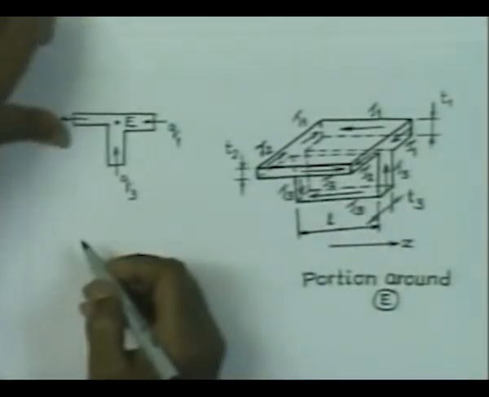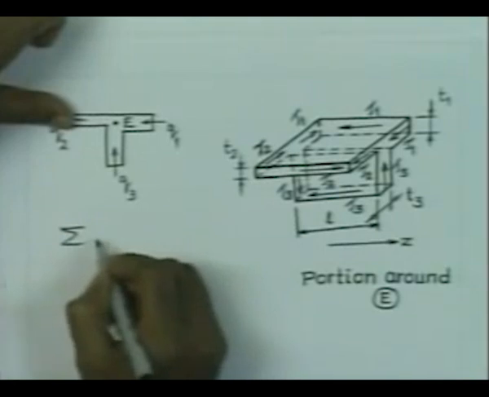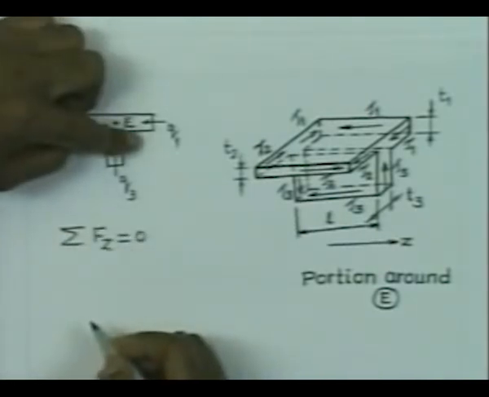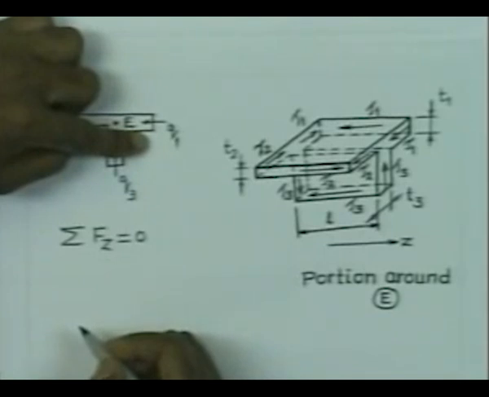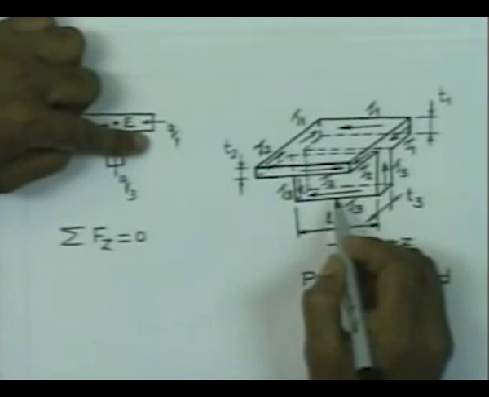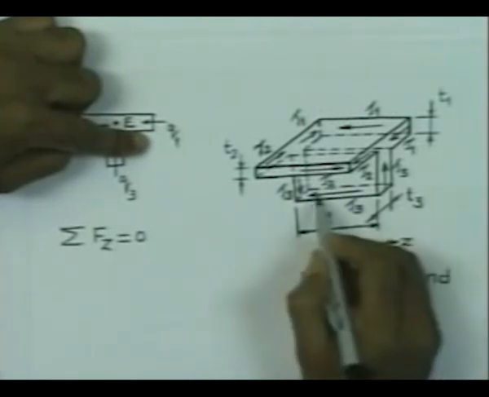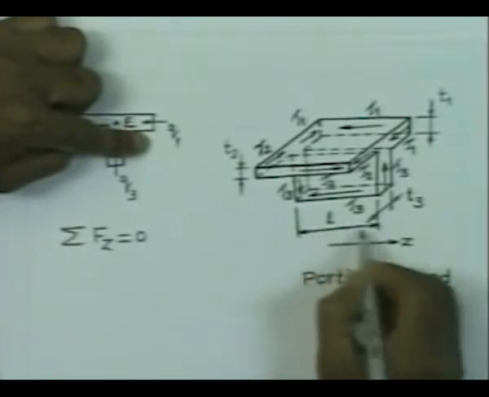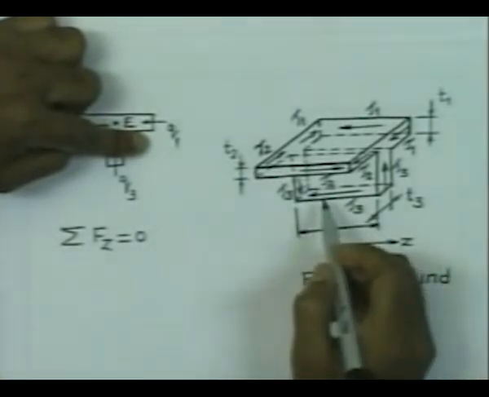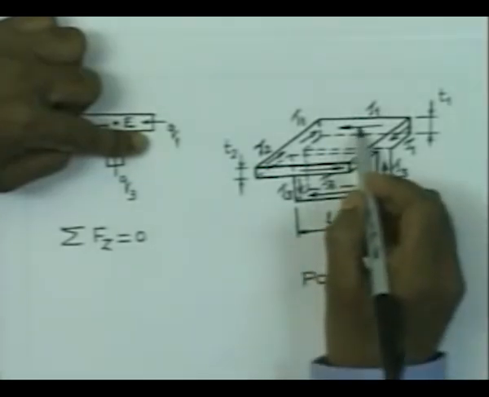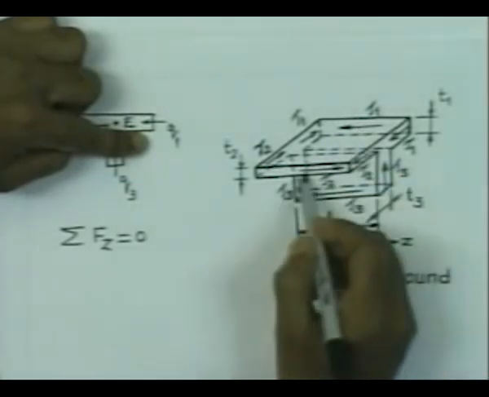So, if we now write that the sum of the forces in the direction z is equal to 0, which are the stresses which are going to contribute to the force in the horizontal direction or z direction. Let us say that the length of this segment is equal to L. So, the forces are going to come from this bottom face, this face at the back, and this third face which is at the front.